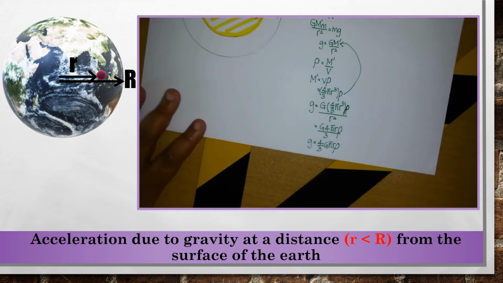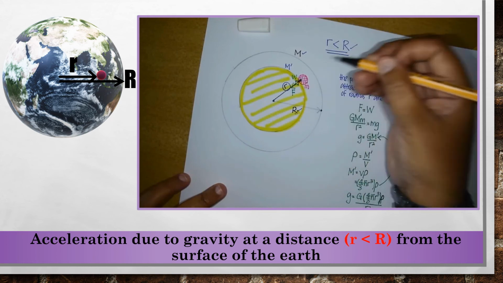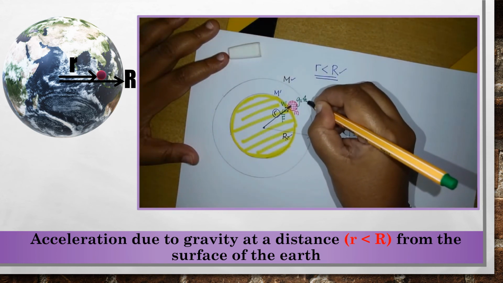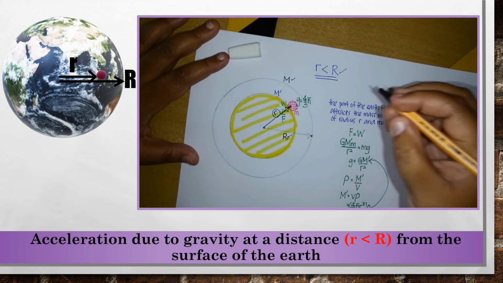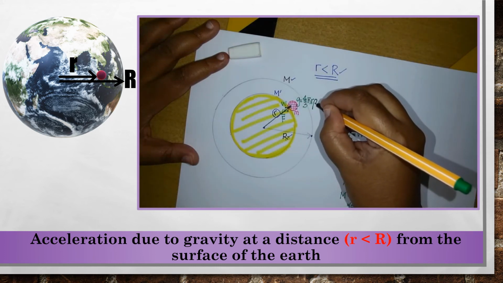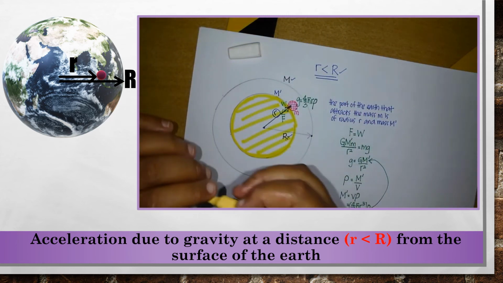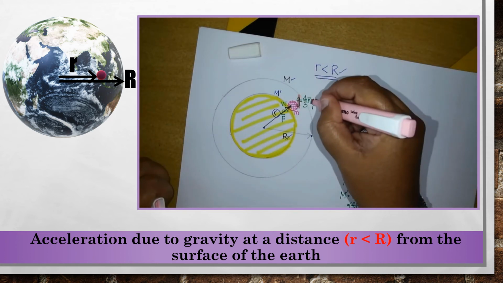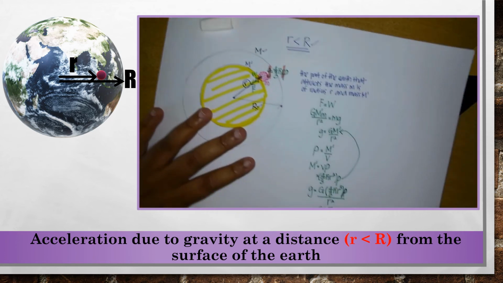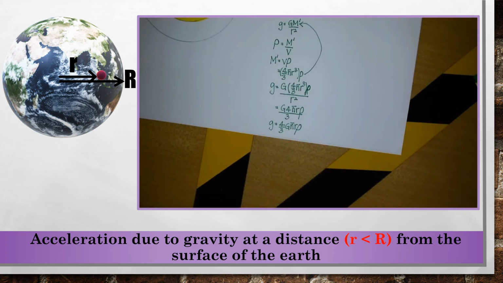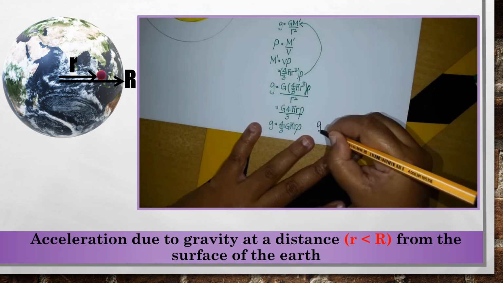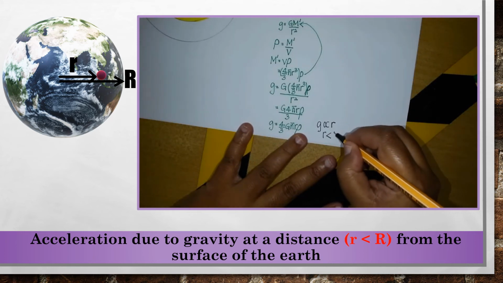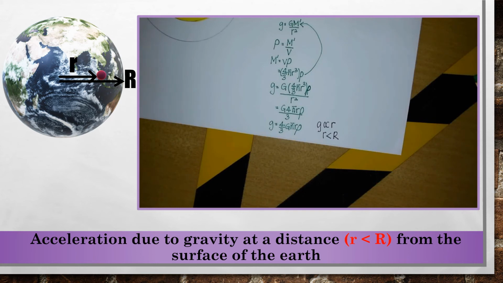From this relationship, g at this particular point equals 4 over 3 pi r rho G. We realize that g is directly proportional to r. So we can conclude that g is directly proportional to r when r is lesser than capital R.